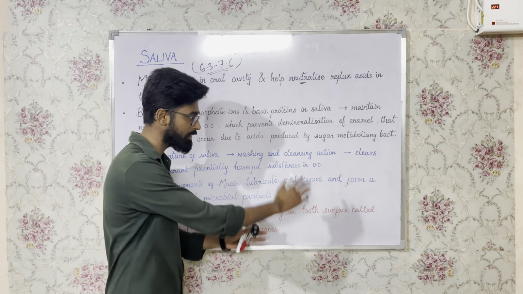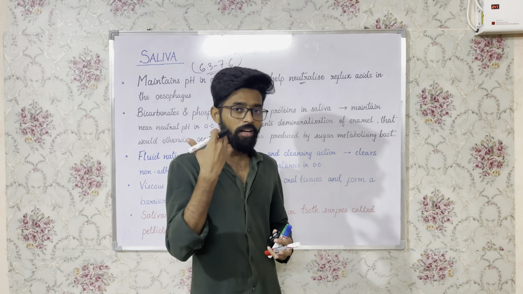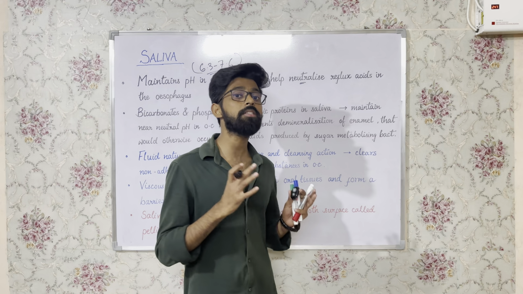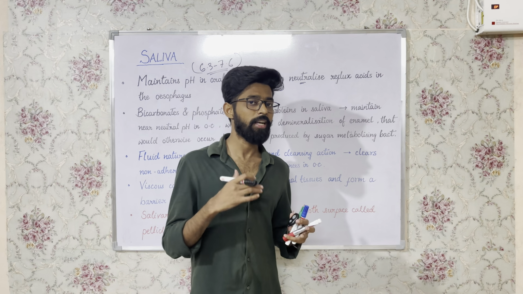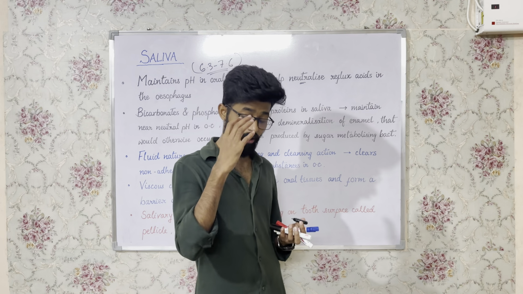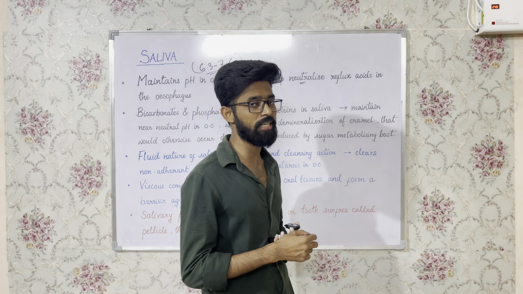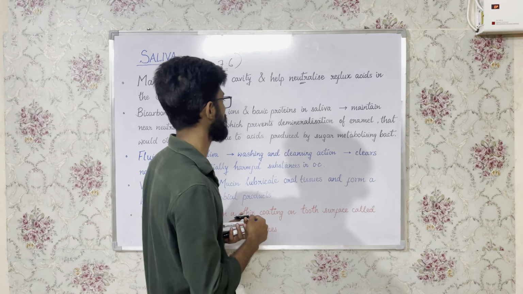Now what this means is, enamel once formed cannot be reformed, right? Enamel is chiefly composed of inorganic constituents. What is the composition of enamel? If we remember this, it is the calcium hydroxyapatite, right? Calcium hydroxyapatite.